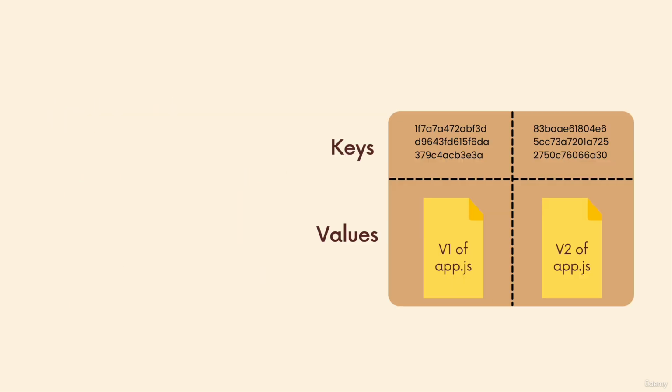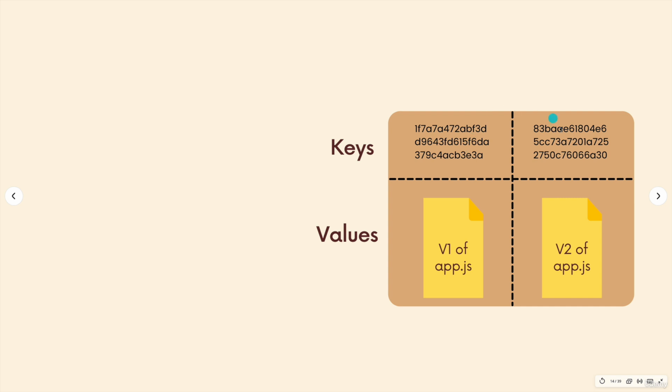So here's a demo. Imagine we have a file called app.js, and I'm using Git to track the changes, right? I've made one version of it and then a second version of it. And for each version, I've used Git to store that file and its contents. Now that's actually somewhat complicated to understand because it does store files and contents separately, but we'll get there. Anyway, each one actually gets its own unique key.